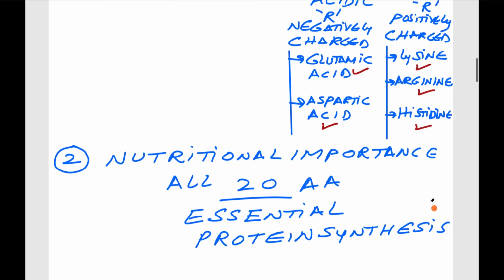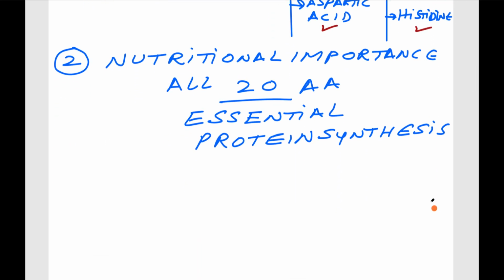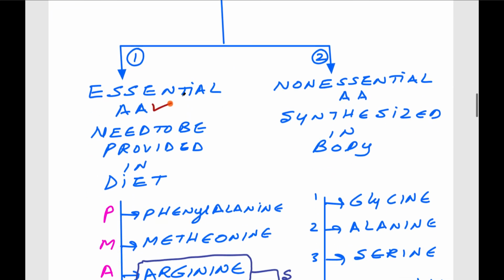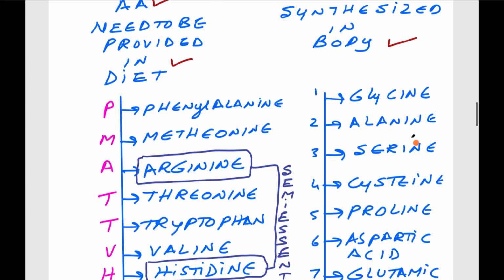The second one is based on nutritional importance. All 20 amino acids are needed for protein synthesis, but based on nutritional requirement, they are classified into essential amino acids and non-essential amino acids. Those amino acids which need to be provided in the diet are essential. Those which can be synthesized in the body by the cells are non-essential.